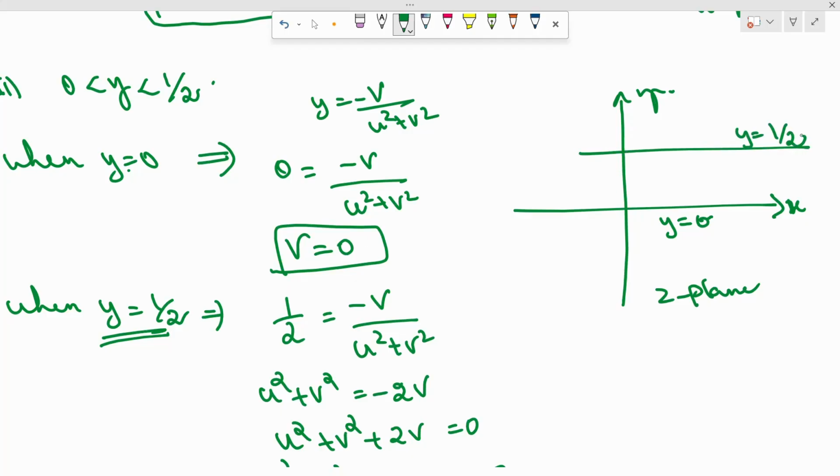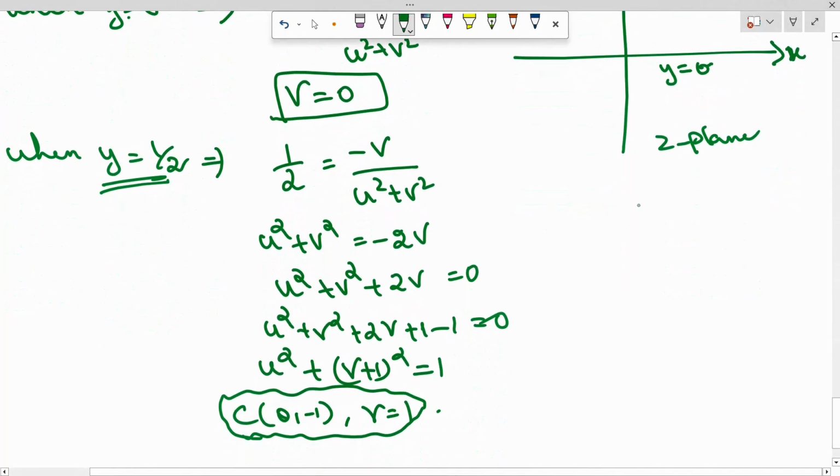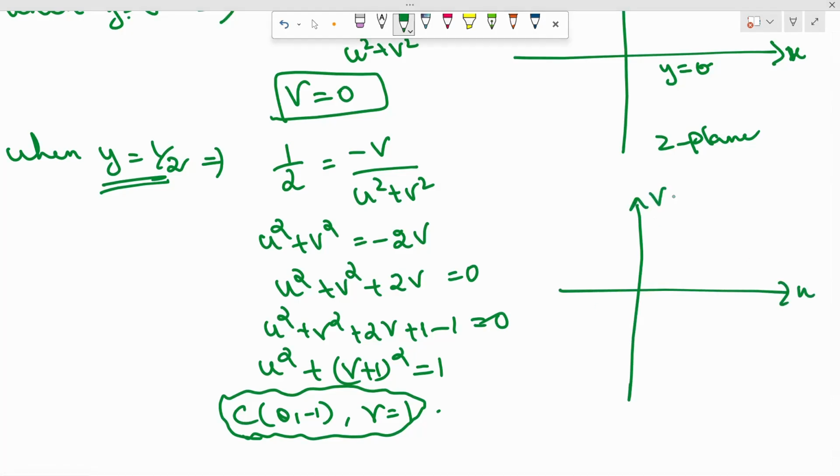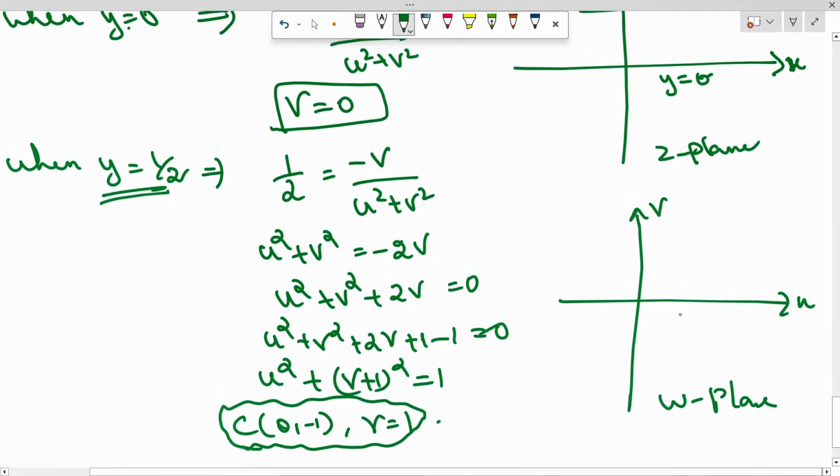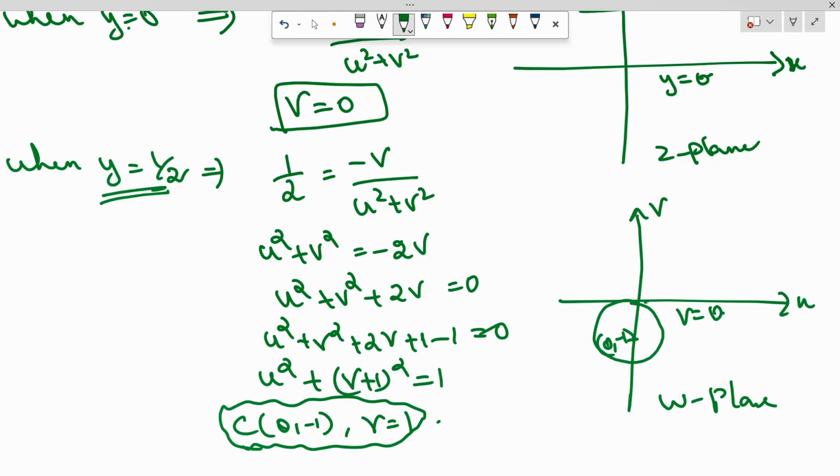This is our Z plane image, and then W plane image, U axis, V axis. Here V is equal to 0 on the U axis, and a circle, center of the circle is (0, minus 1) and radius is 1, which is the W plane image.